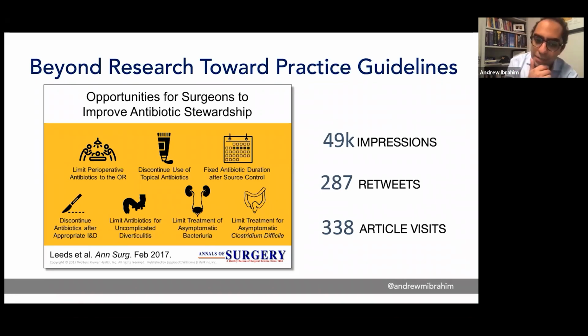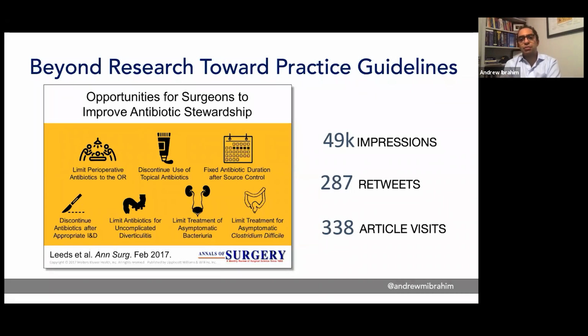So there's an article written about 7 recommendations for surgeons to improve antibiotic stewardship, and this quickly became, within 2 weeks, the most shared article that we'd ever created a visual abstract for. And it got me thinking.